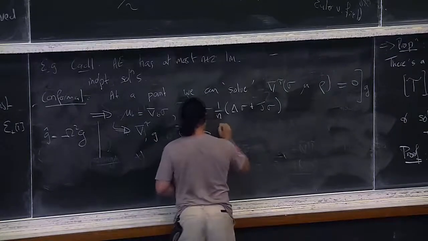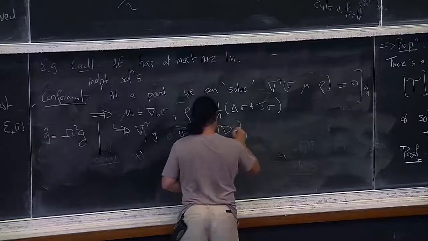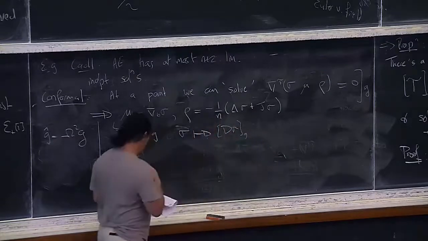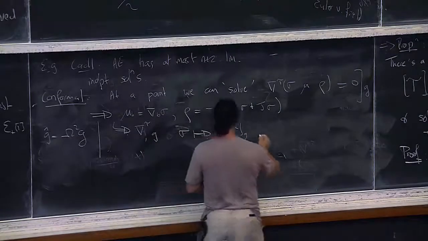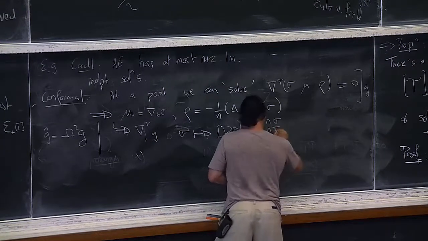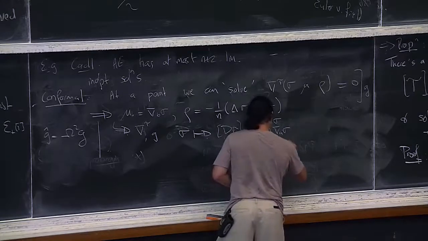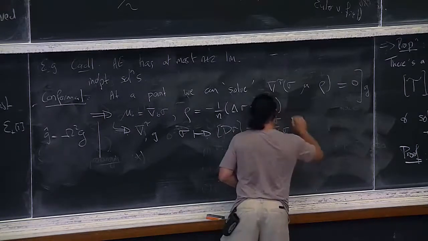Sigma goes to D sigma, calculated in the metric g. So it's given by n times sigma, n times grad A sigma, and minus Laplacian sigma plus j sigma.